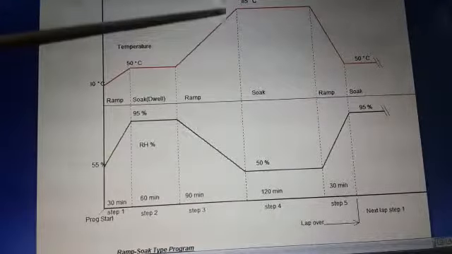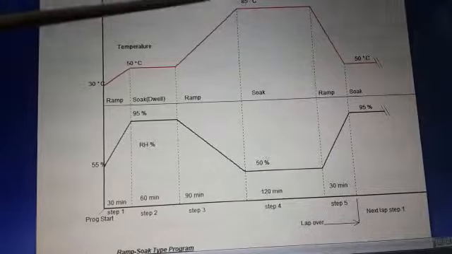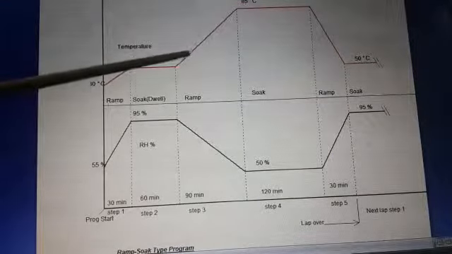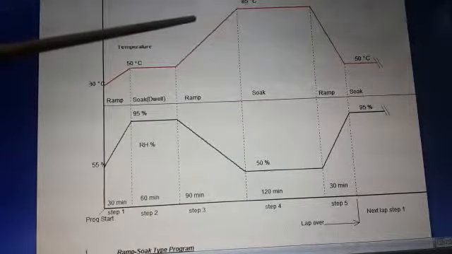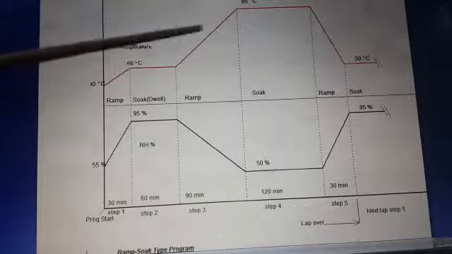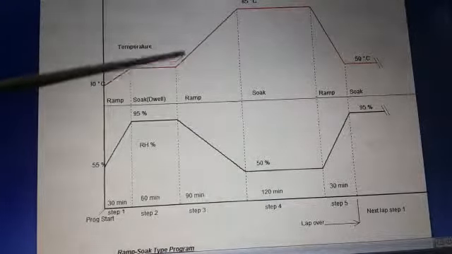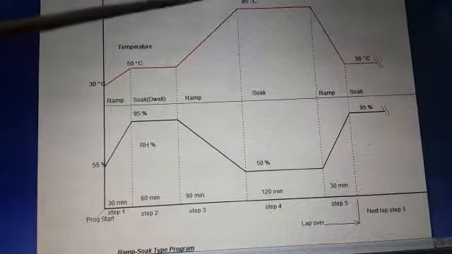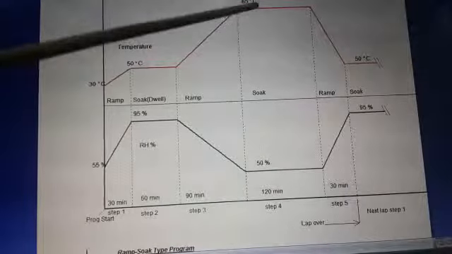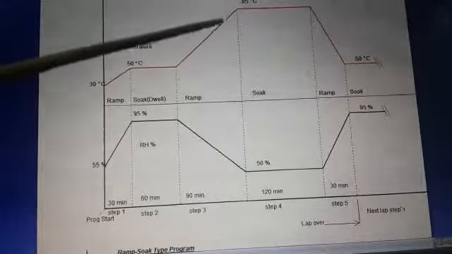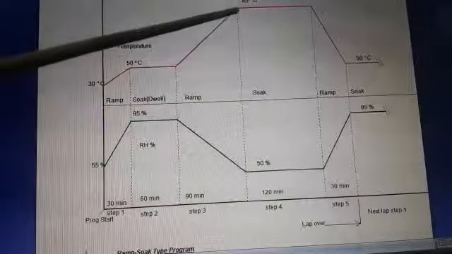Supposing the temperature is going from here to here, it tries of course to exactly reach here, but sometimes due to some reason the temperature suddenly goes above this, let's say 85, even before this time is reached. Then the step has to change because there is no point in waiting for the traveling set point to reach.